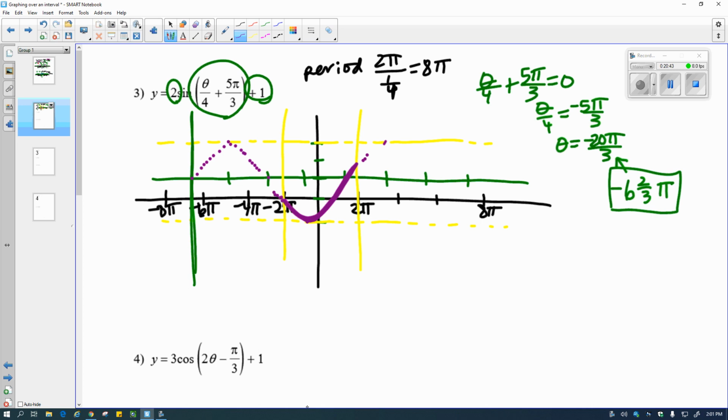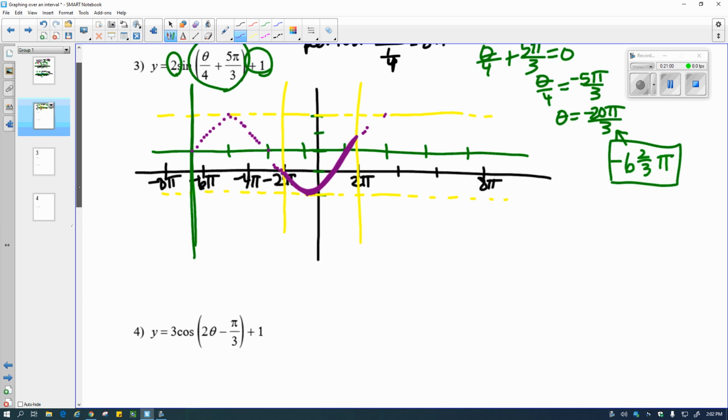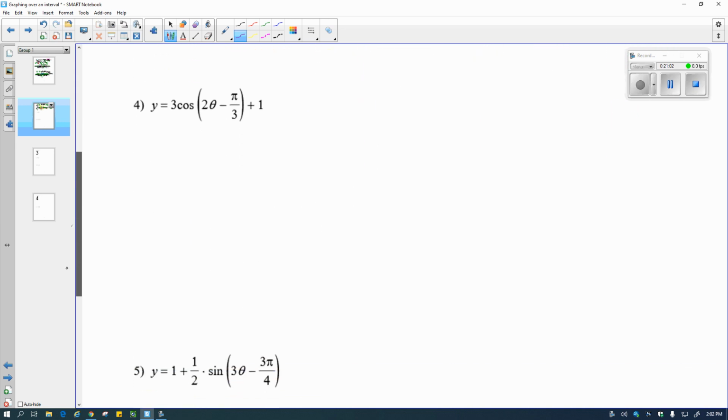Okay, so we've seen it where it is just a period of 2 pi, and we've seen it where 2 pi is a fraction of the whole period, so 1/4 of it. We did 8 pi. What happens if I have something like in problem number 4, where this 2 here means I can fit 2 cosine graphs in 2 pi?